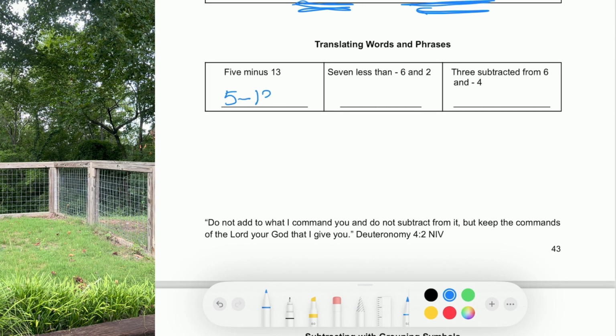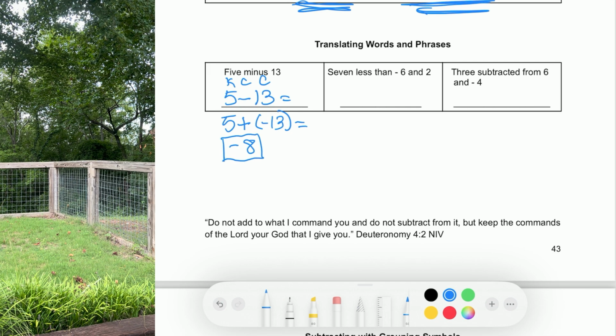I'm going to use our trick of keep, change, change. So keep the 5, change the minus to plus, change the 13 to a negative 13. These have two different signs, so that tells me I'm going to actually find the difference between the numbers, which is 8. The 13 is greater, and so our number is negative 8.